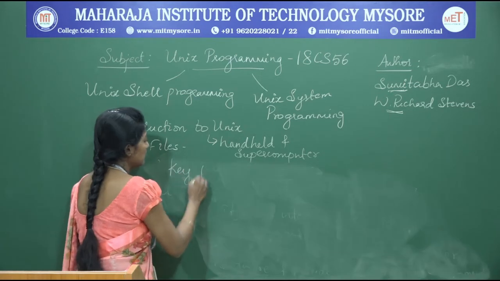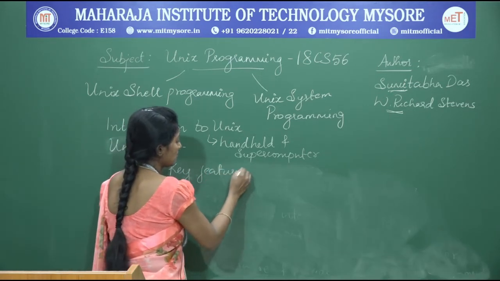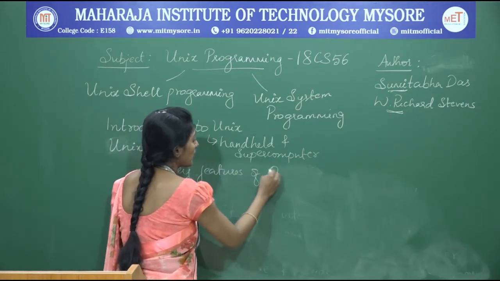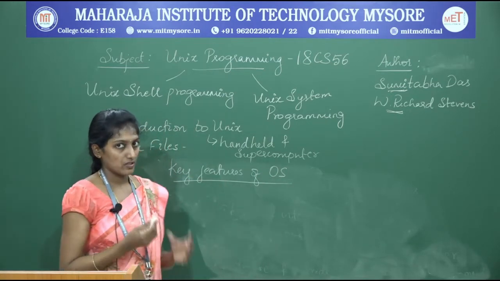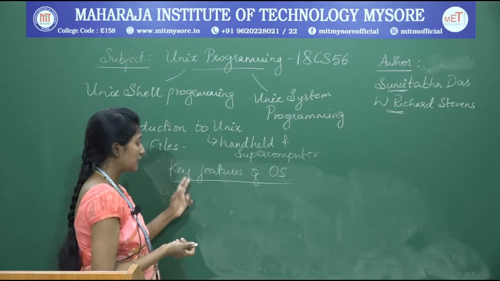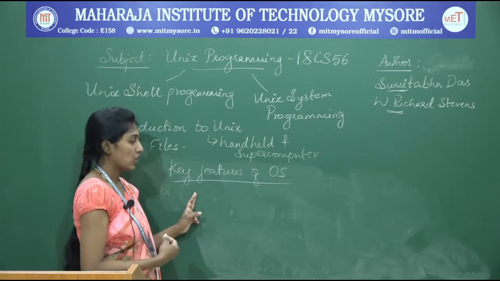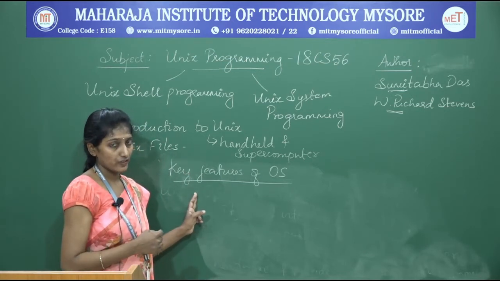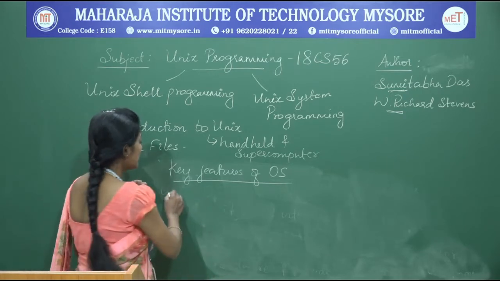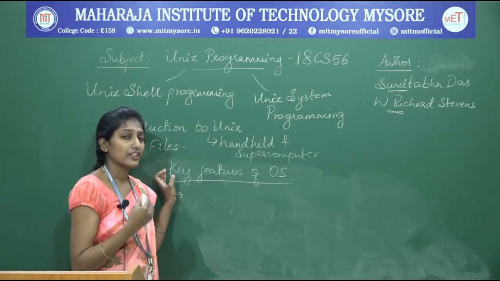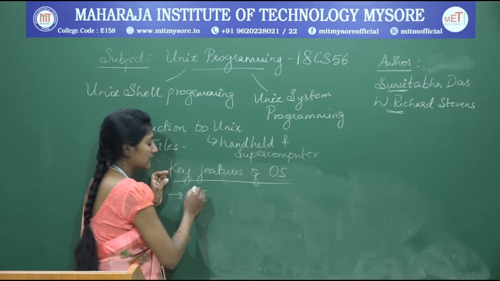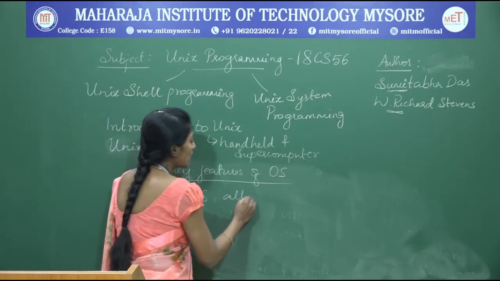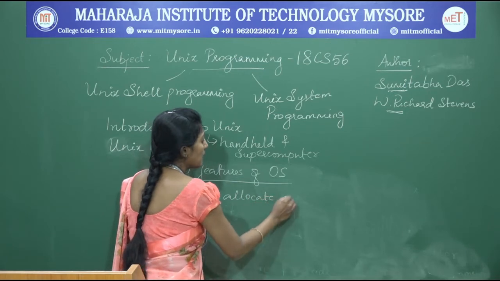So, the features of OS. In the scenario of memory management, let us consider a few common features of an OS. First and foremost, whenever you write a program, the OS is going to allocate memory for it.